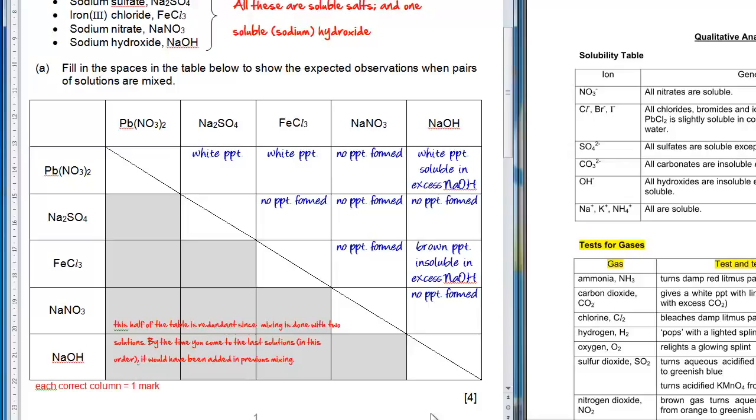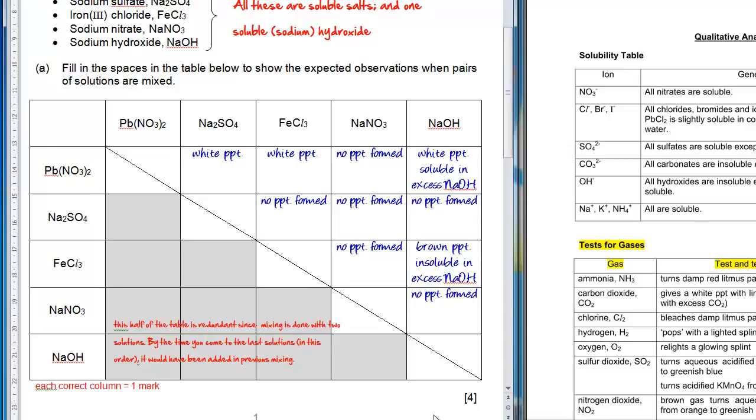When you have a particular solution mixed with other solutions, it gives either a precipitate or no precipitate, and by looking at the solubility in excess and the color of the precipitate, this table provides very rich information for how a solution will behave when it is mixed.